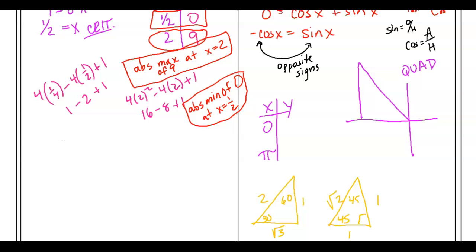So if I need sine, which is opposite over hypotenuse, and cosine, which is adjacent over hypotenuse, we need them to be the same number because it says they're equal. Well, opposite over hypotenuse is 1 over root 2, and cosine adjacent is 1 over root 2. So we know we're looking at a 45-degree reference angle. So this is 45.